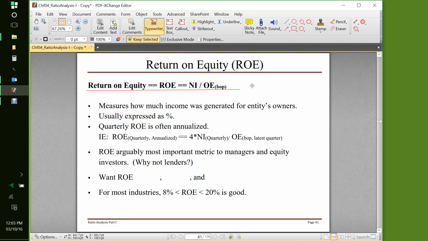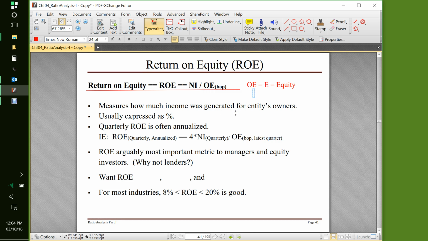And I would just like to remind you that OE is equal to E equals equity. Okay. Again, 2, 3, 4, 5 different ways to represent everything in accounting.